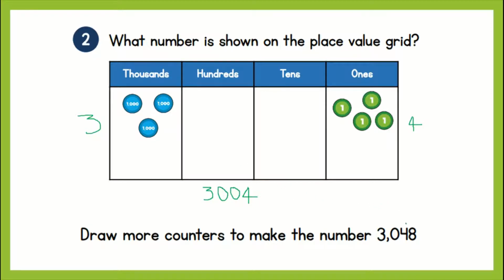In the tens column, there's 4, but there's none here, so we need to add 4 more. In the ones column, there's 8, and the ones column here, there's 4, so we need to add 4 more to make this number. So now we've got 3048.